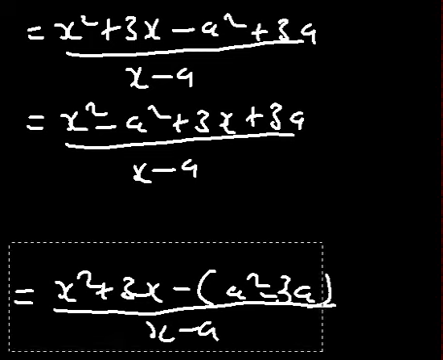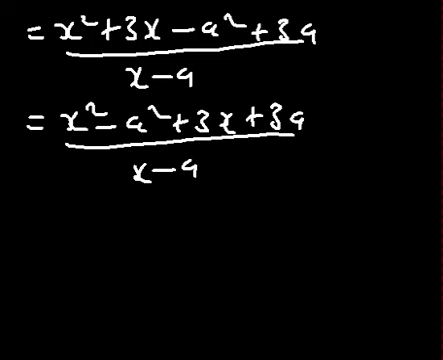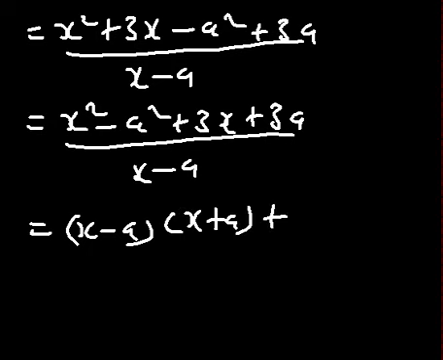Now we have to factorize this. Since those are the difference of two squares, we have x minus a times x plus a, and the plus, how about those two terms? Let me pair them up. We'll have 3 times x plus a.